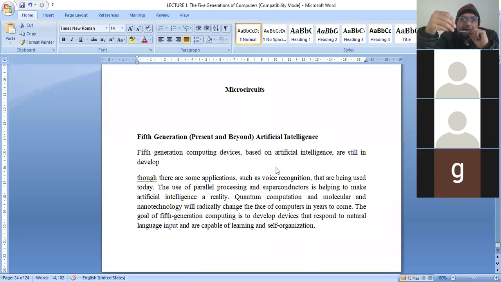This is the expectation from the fifth generation of computer, that it will come in the future. Quantum computation and molecular nanotechnology are technologies on which we have to work to make the fifth generation computer. So these are the generations of computer we have. Right.